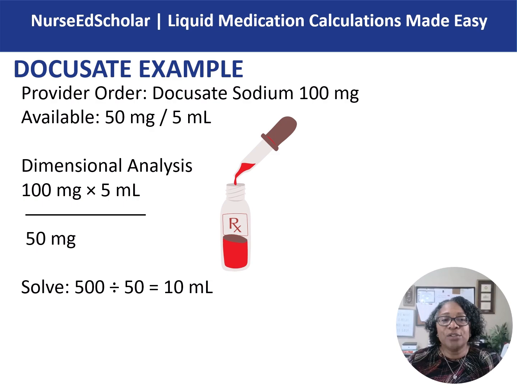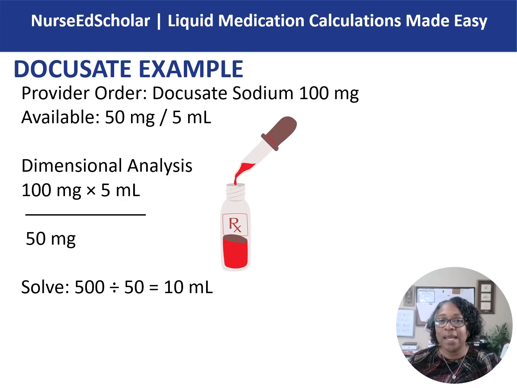Now we're going to move on to docusate, which you'll see a lot, docusate sodium. It's used for constipation when you see it in the hospital. So let's see. The doctor ordered 100 milligrams by mouth, and all you have available is 50 milligrams per 5 milliliters.